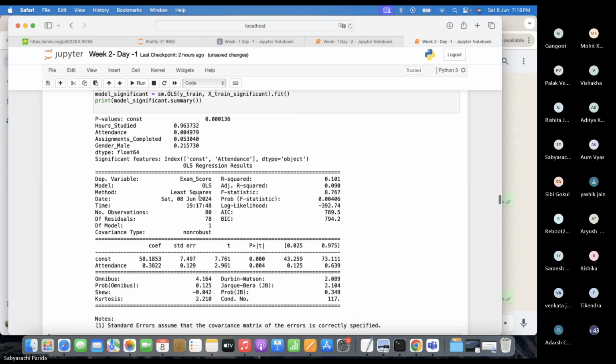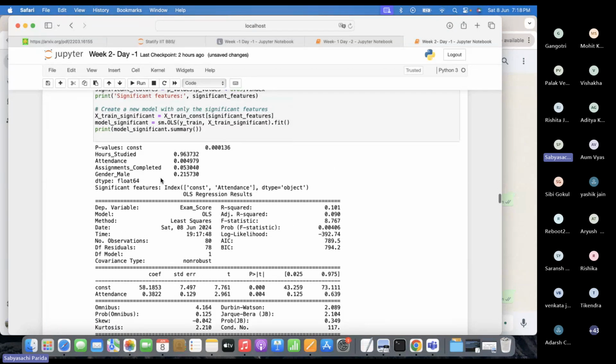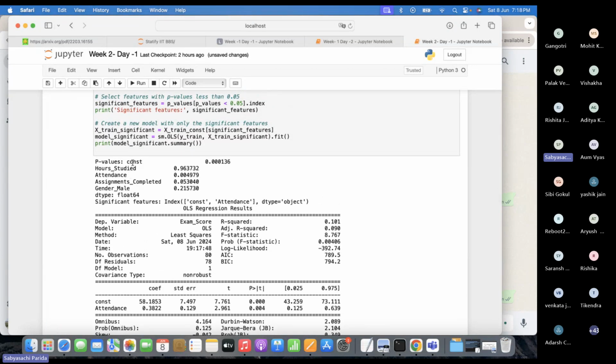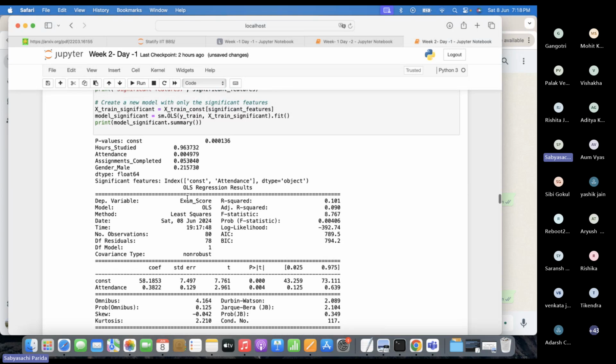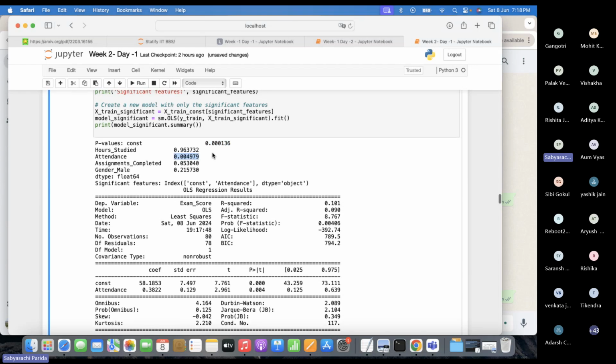Okay, so for this, these are the p-values I'm getting for the constant, hours studied, attendance and all. And from that, what I got to know was for the constant it is less than 0.05, and for attendance it is less than 0.05, because 0.05 was my significance level which I had taken.